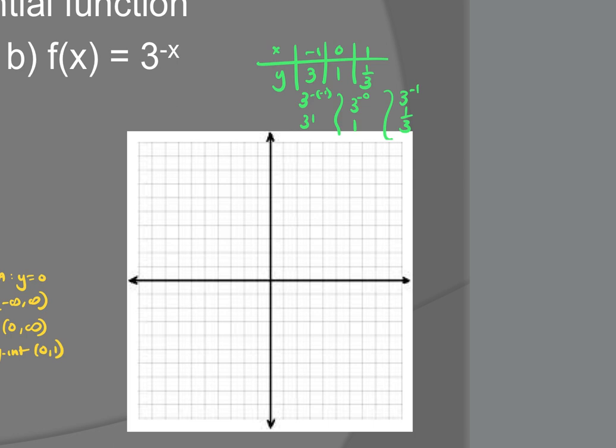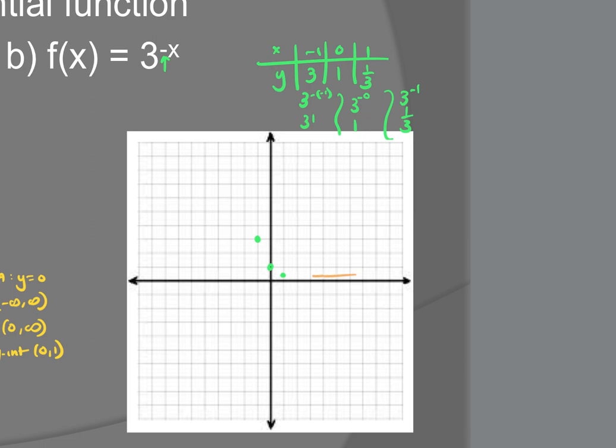So -1, 3; 0, 1; 1, 1/3. So it flipped, and if you think about it, when we have a negative inside the function, which is what's happening if it's in the exponent, it flips our graph over the y-axis. So it literally flips it left to right, which is exactly what happened here.